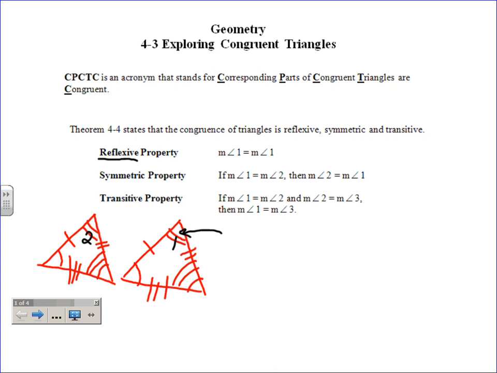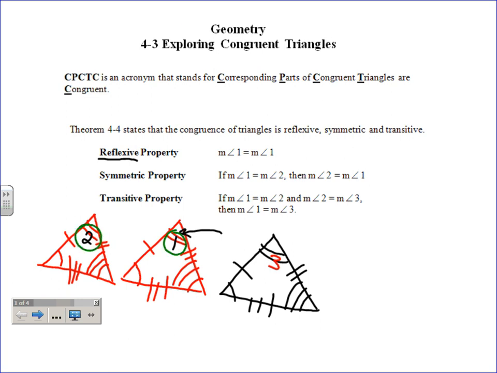Transitive property is a big one and easily forgotten. And let's just draw another triangle. That might help you. And then I will use some of you as examples. Basically what it says, if I know angles, we'll do it color-coded.